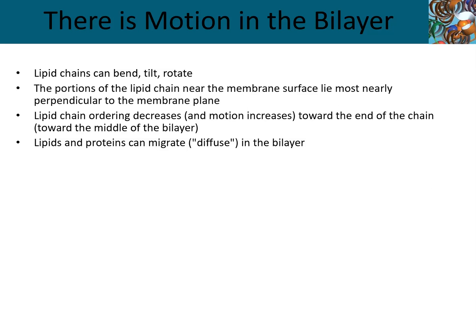They can angle off, they can need some elbow room, particularly if they have that cis double bond or a few cis double bonds in them. They're going to need a little bit of wiggle room, and that's going to cause a lot of motion around that zone of that single lipid, which will cause a lot more membrane fluidity because there will be less packing.